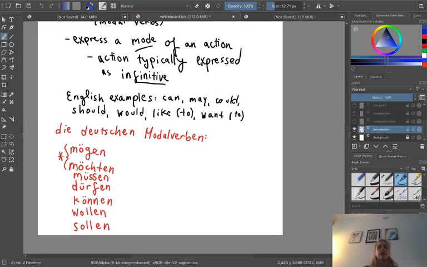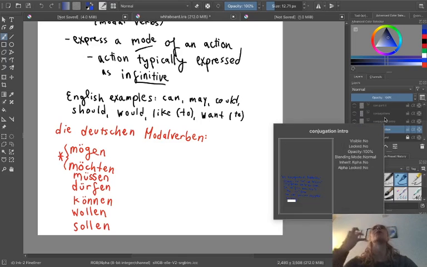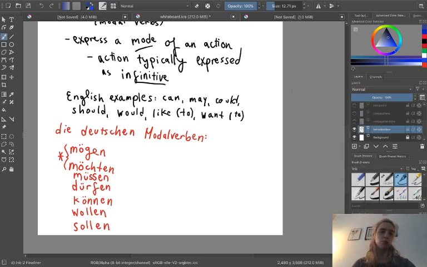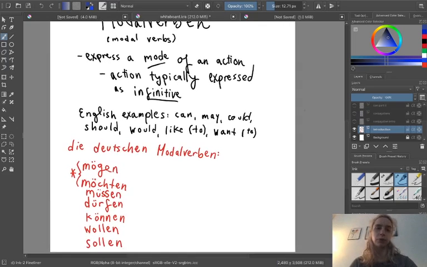So if I have an infinitive, it is indicative of the idea of the verb, the idea of the action. And I, or the subject rather, is the one embodying the limitation, the modification that the modal verb puts on the action.